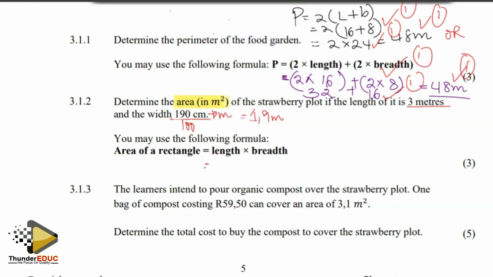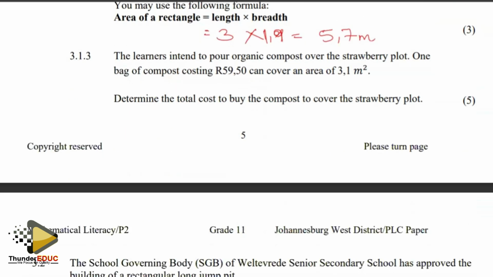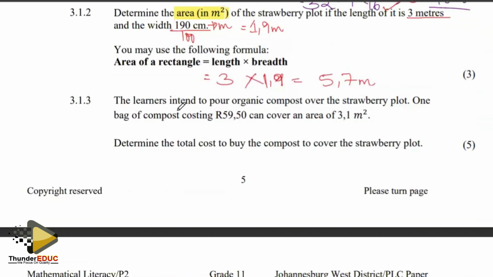Now substitute in the formula. The length is 3 and the breadth is 1.9. When you multiply, 3 times 1.9 equals 5.7 meters. That's done. Don't forget, these are meters squared, area.